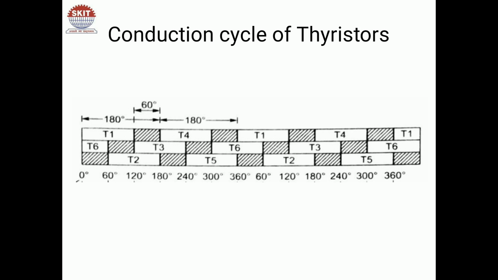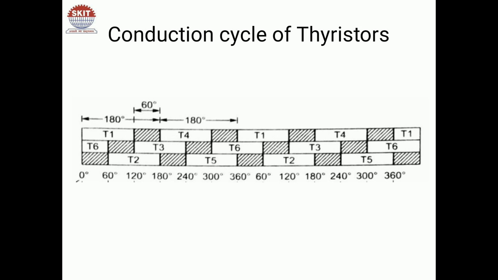For leg C, T5 and T2 will conduct. T5 will be on at the angle of 240 degrees from here, because there is a 240-degree phase difference with respect to phase A. T5 will conduct for 120 degrees, meaning till 360 degrees, then a break for 60 degrees after the 360 degrees.